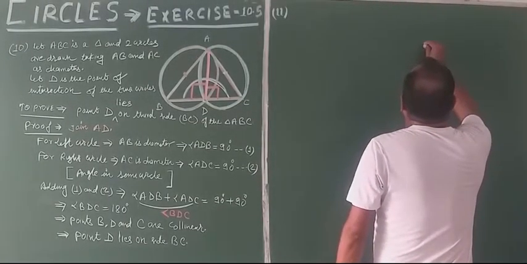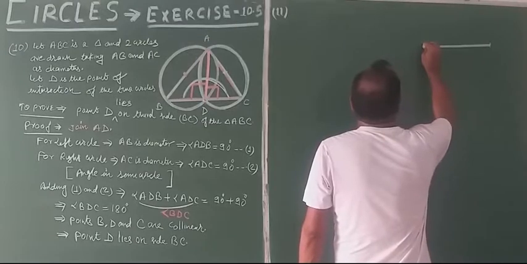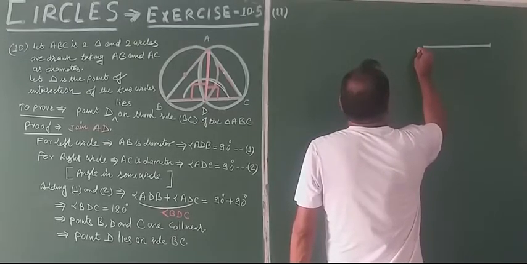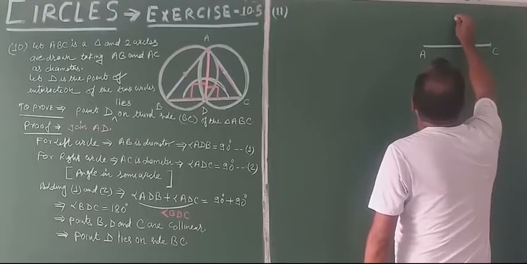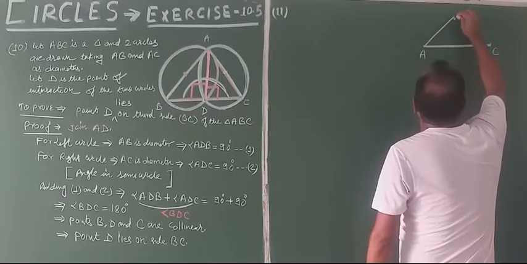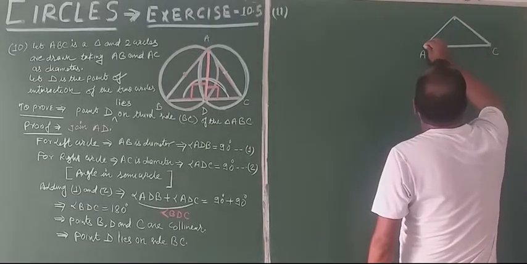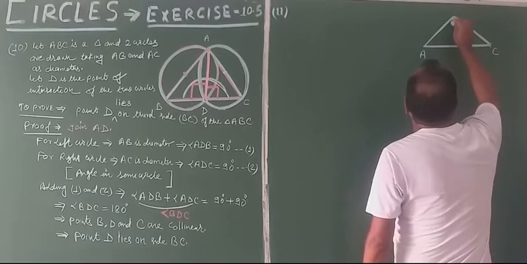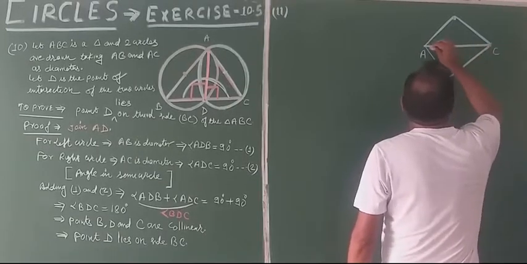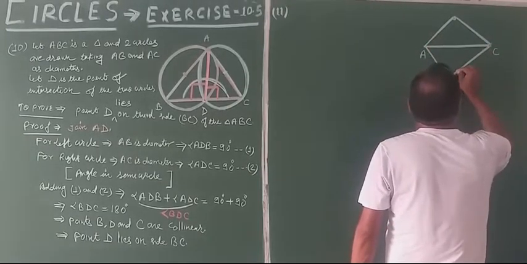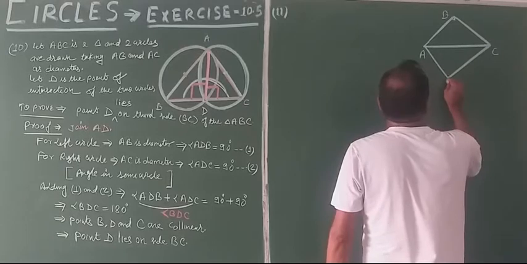Suppose this is the common hypotenuse AC, and these are triangles ABC and ADC.